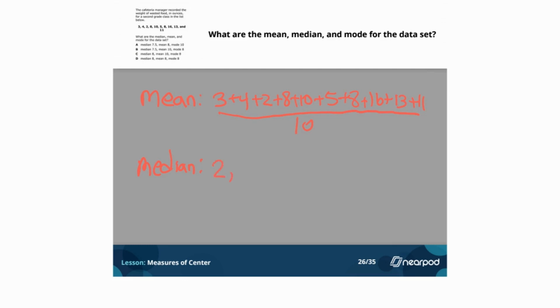Then I have 3. Then I have 4. Then 5. Then 8. We have 8 twice. 8. Then I have 10, 11, 13, 16. 1, 2, 3, 4, 5, 6, 7, 8, 9, 10. Good, I have 10 numbers.